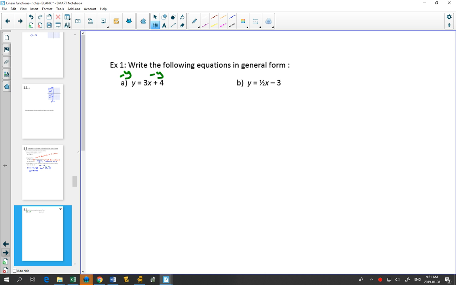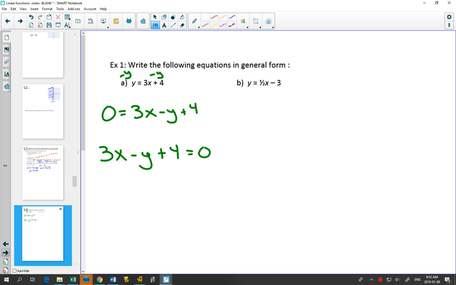I would then get 0 equals 3x minus y plus 4. And in general form, they generally write the 0 on the other side, so it doesn't matter. You could just rewrite it with the 0 on the right-hand side, and we've got the general form. So if all the numbers are integers to begin with, positive and negative whole numbers, changing to general form is relatively easy.